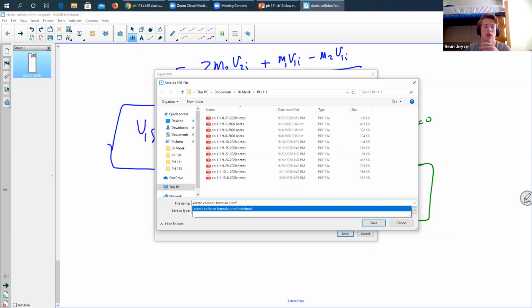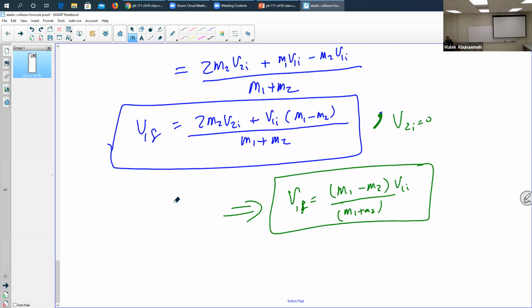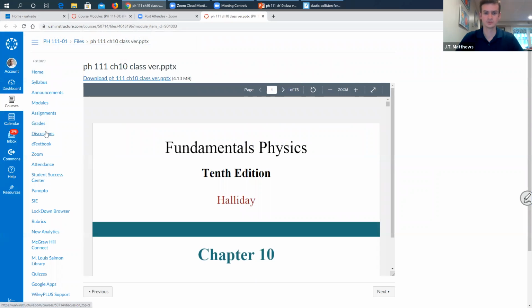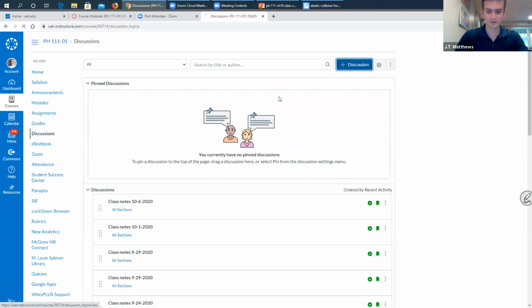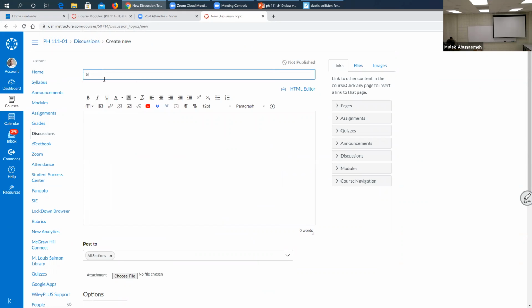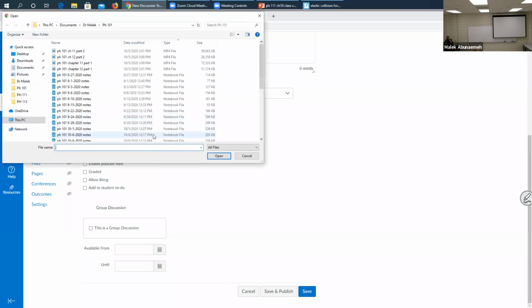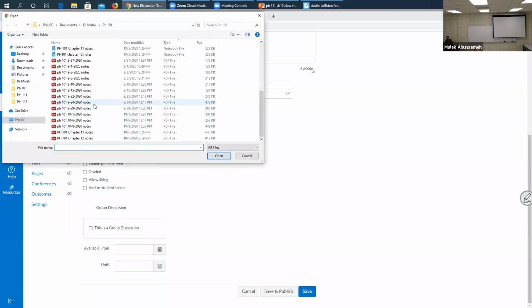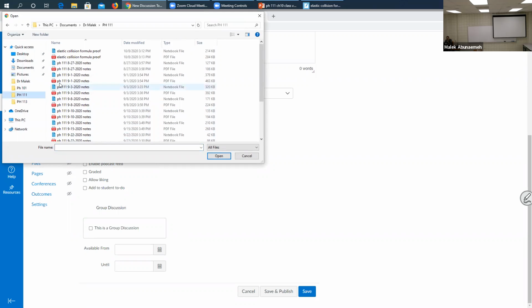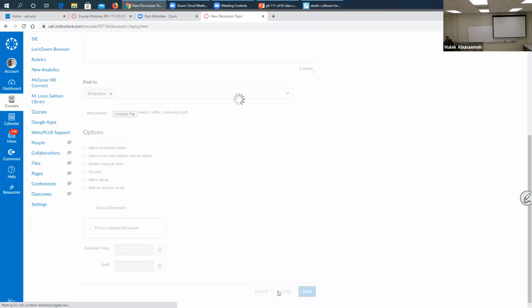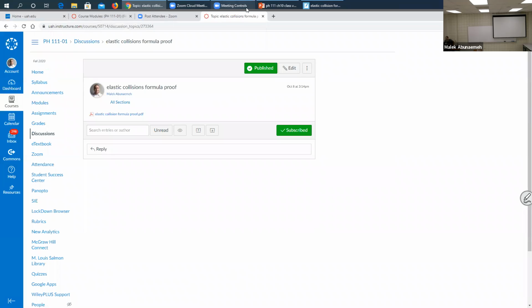No, plastic's when they stick together, right? Yeah. Okay, never mind that. It's one dimension, one dimension elastic collision. So let me put this up there under discussions. That took way longer than I thought it would. Okay, I'll put it right now on Canvas for you guys.